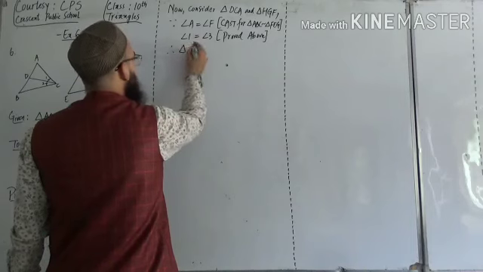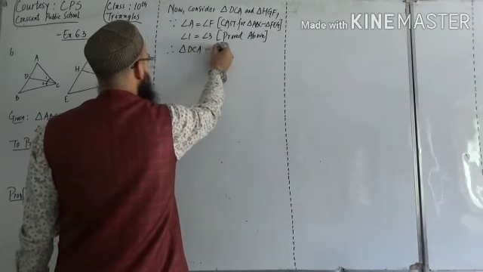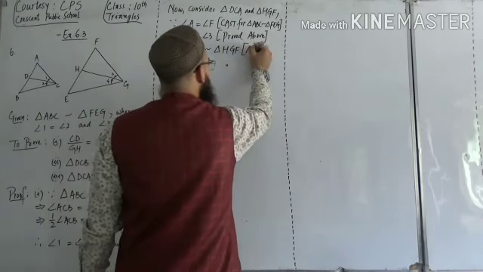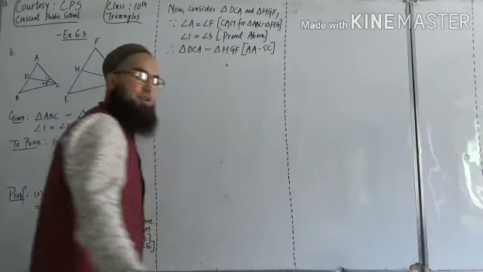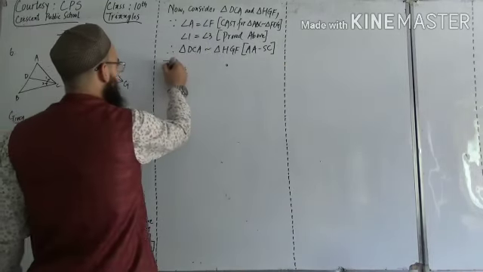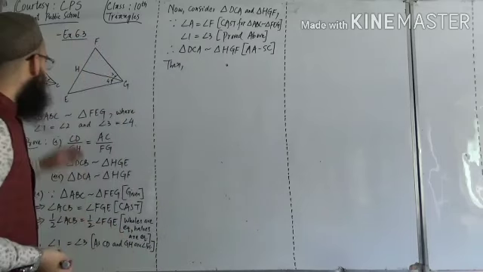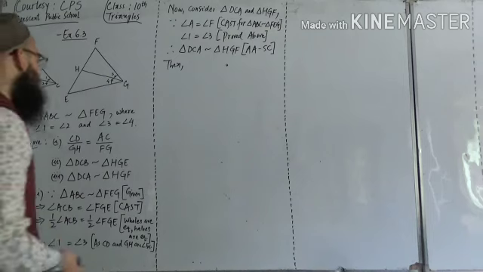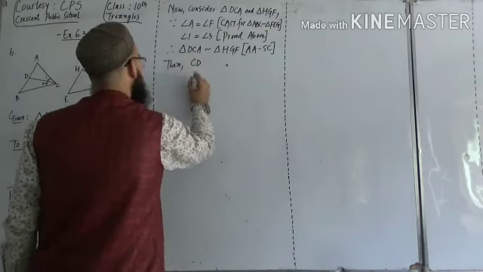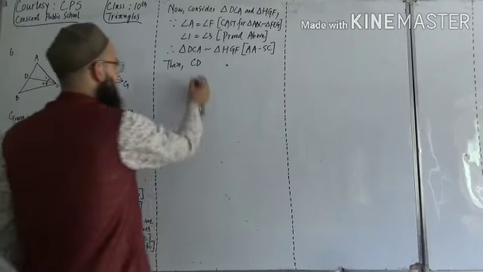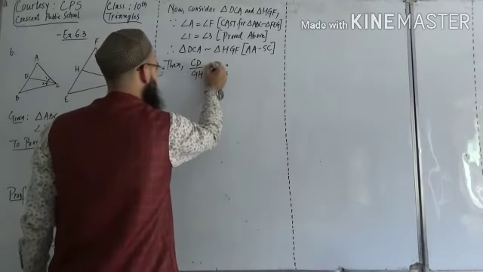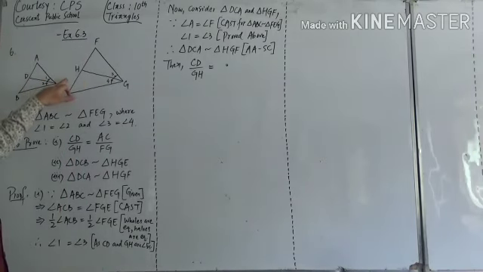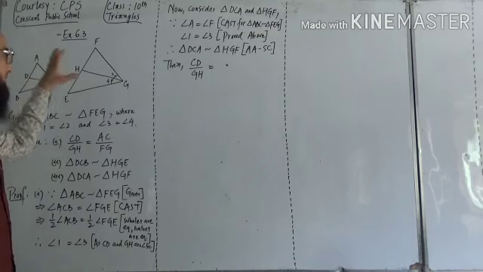Therefore, triangle DCA is similar to triangle HGF by the angle-angle similarity criterion. If that is the case, these two triangles are similar, so corresponding sides are in proportion. Then I can say CD by GH is equal to, as we learned yesterday, whatever side you take from this triangle, you have to take the same from the other.